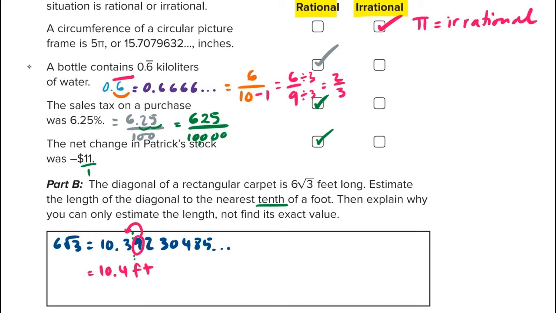Now explain why you cannot find the exact length. Take a second and tell me why we cannot tell the exact value of 6 square root of 3.